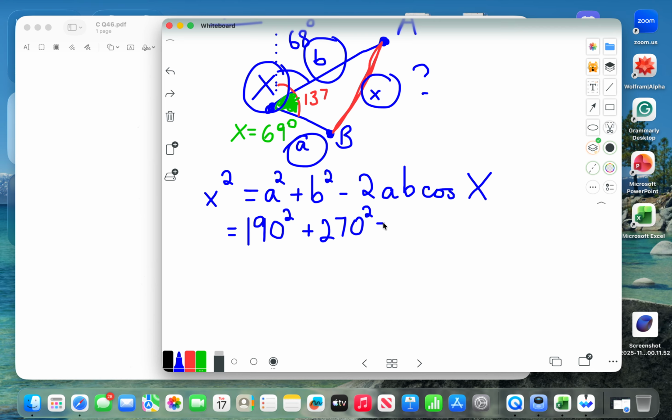Take away 2 multiplied by 190 multiplied by 270 multiplied by the cosine of 69.